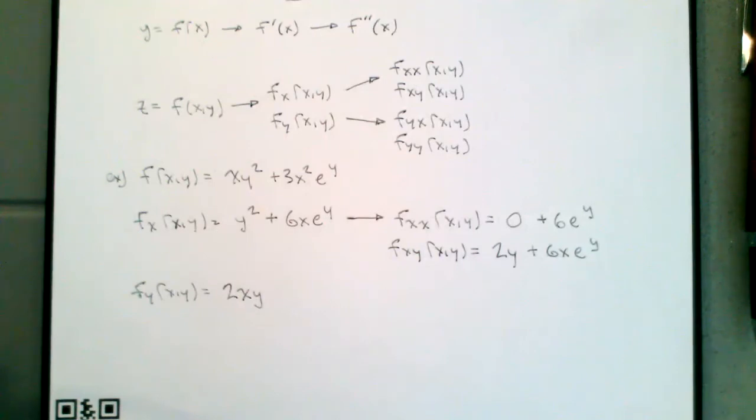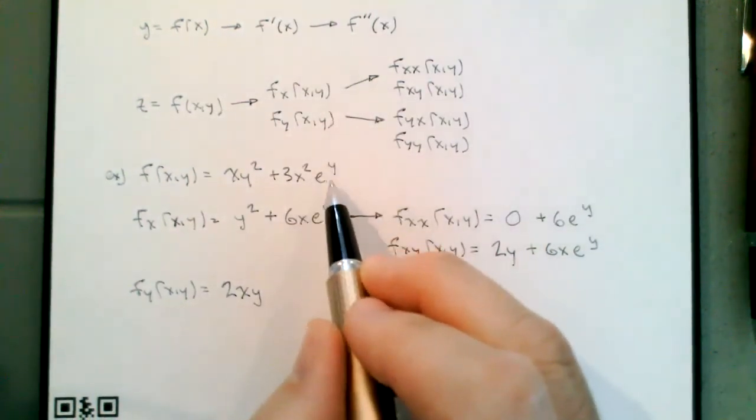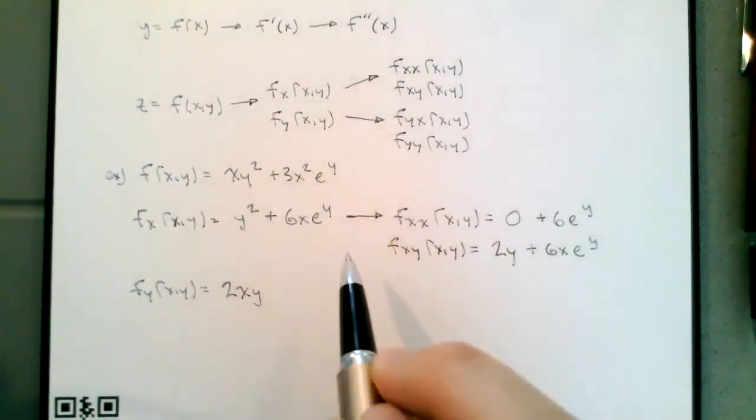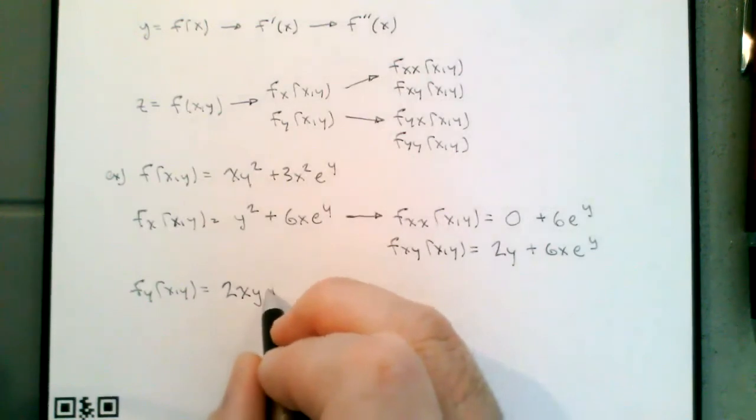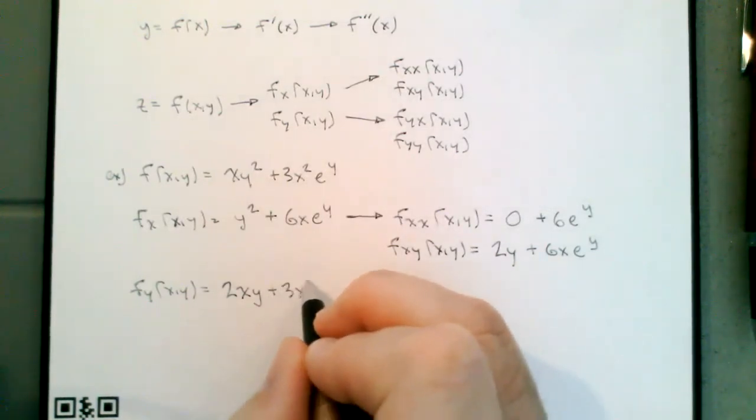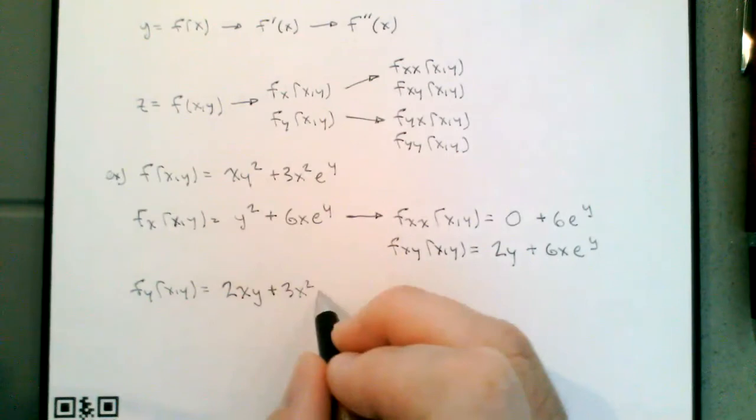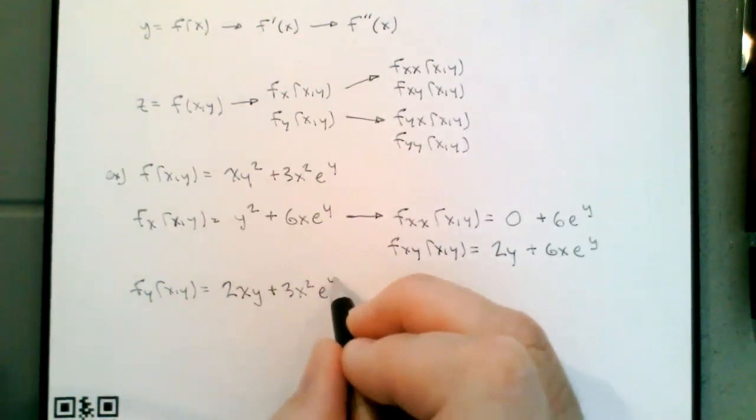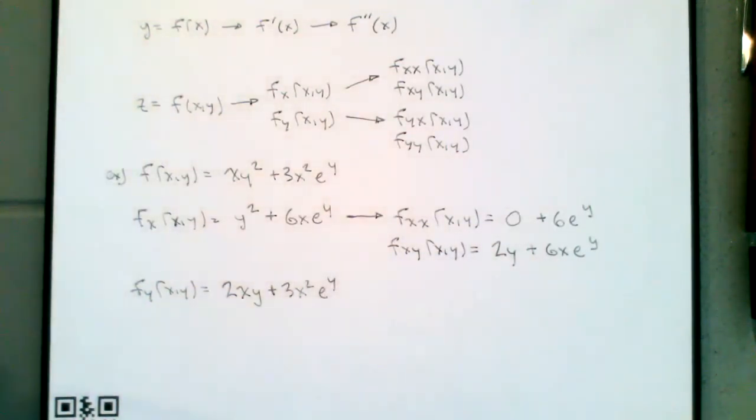I just have 2xy. The derivative of the second term with respect to y, e to the y is the function. 3x squared is a constant, so we just get plus 3x squared, constant factor, times the derivative of e to the y, which is e to the y. So there's fy at xy.